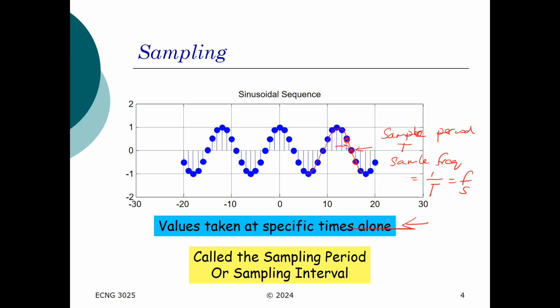Just be careful with this, and we'll get to that in a little while. So most of the time, you say sampling period, or better yet, sampling frequency. You take the signal and you look at it at specific times alone, or at a specific rate.